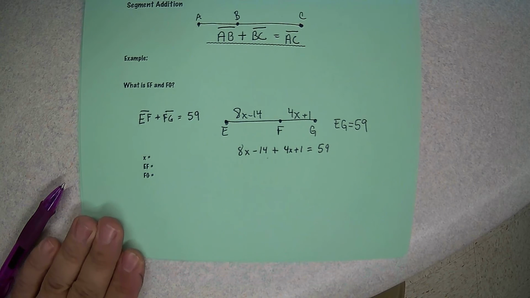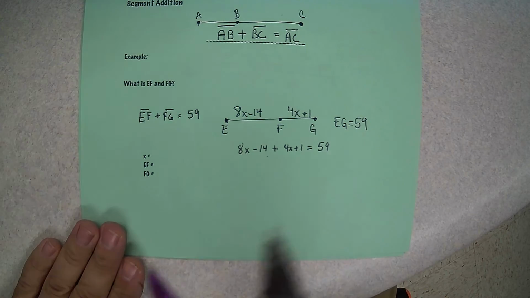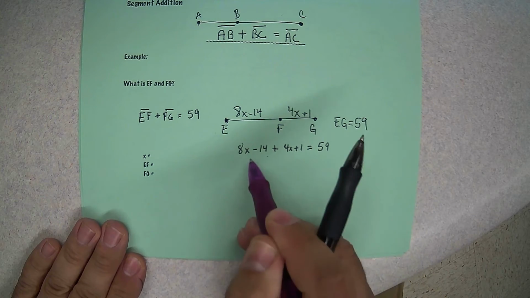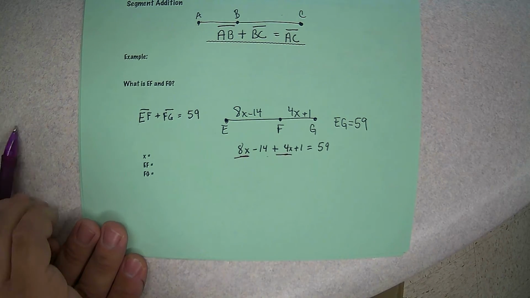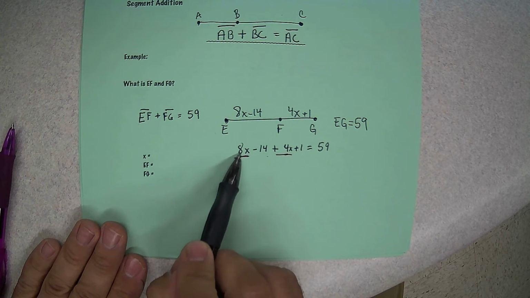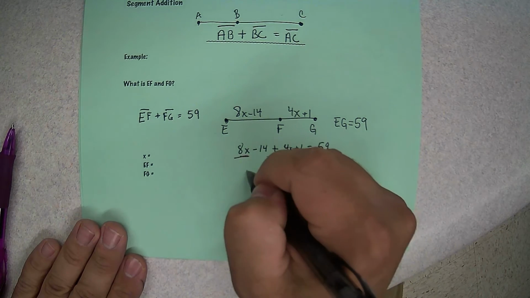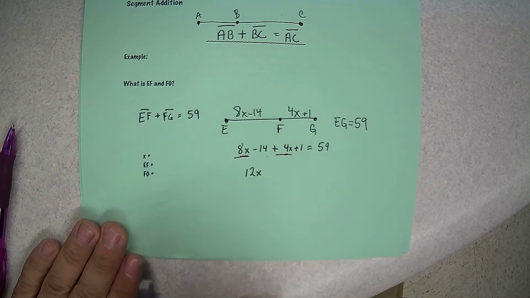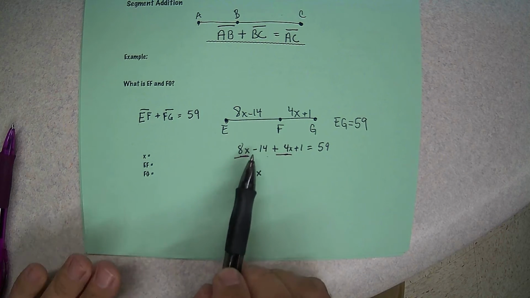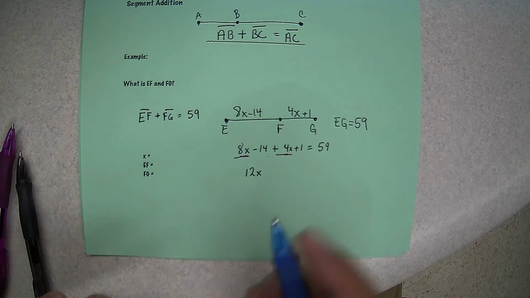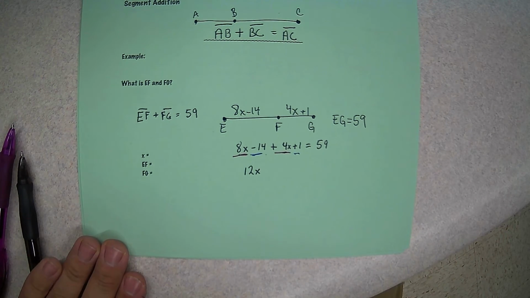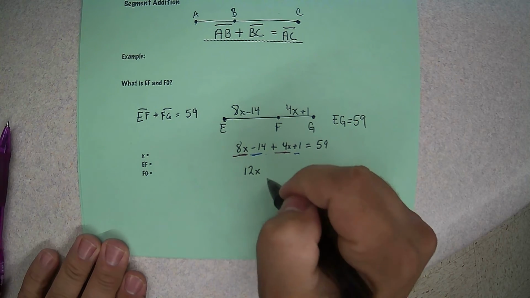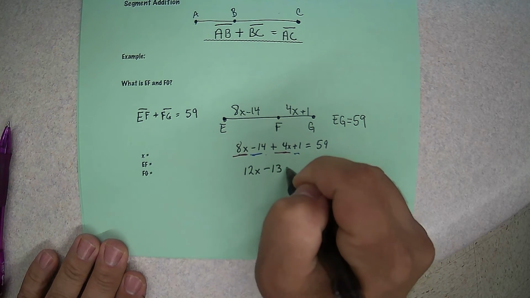So we're using some algebra with this. Because the x's are both on the same side, all we do is combine them. 8x plus 4x is going to be 12x. And then think of this as a negative 14 plus 1 is going to be a negative 13, equals 59.